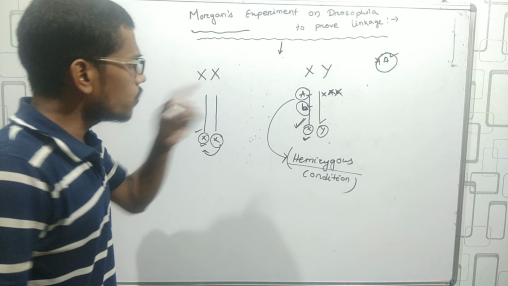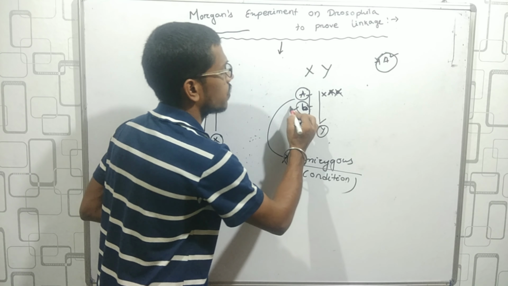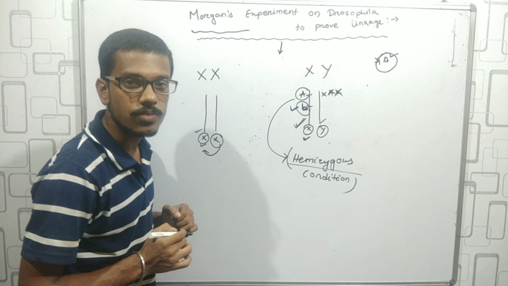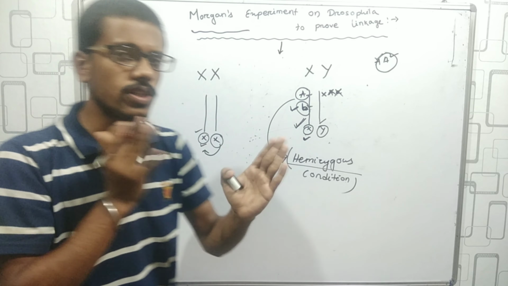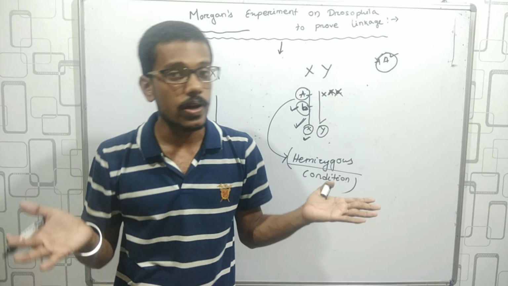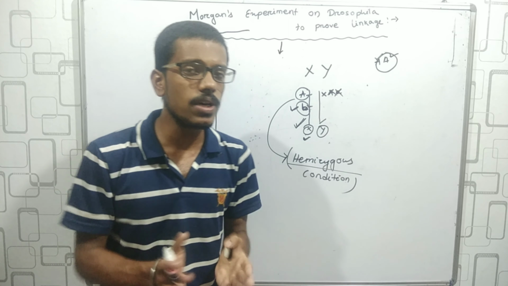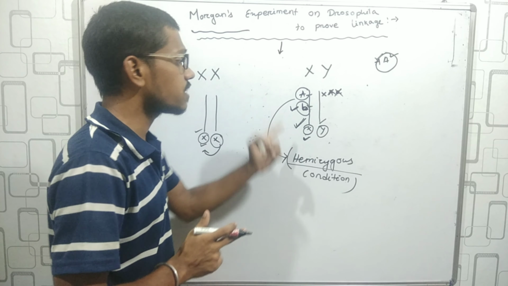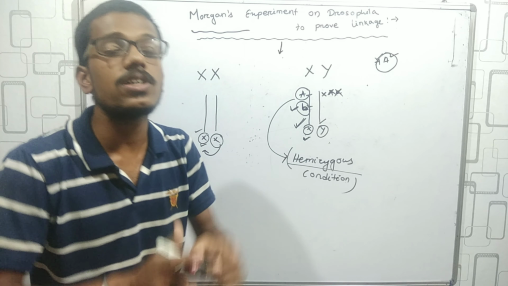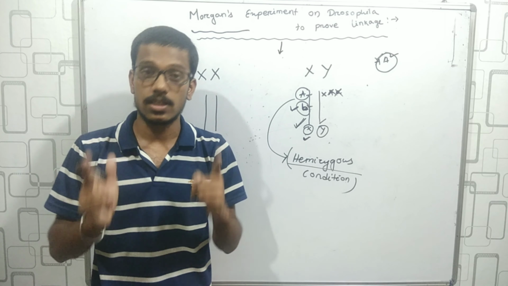If we look at the recessive gene, here the recessive B gene, as you know, a recessive gene always occurs in the pair condition and is expressed only in the homozygous condition.